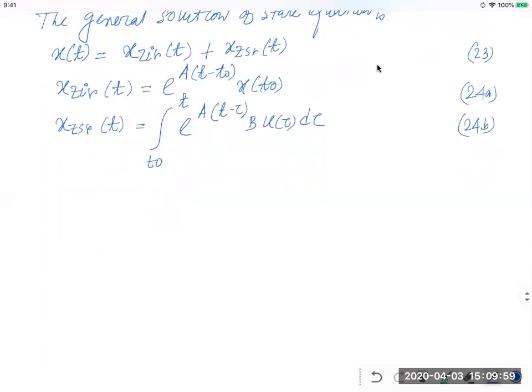And the output y(t) is equal to C x_zir(t) plus C times x_zsr.